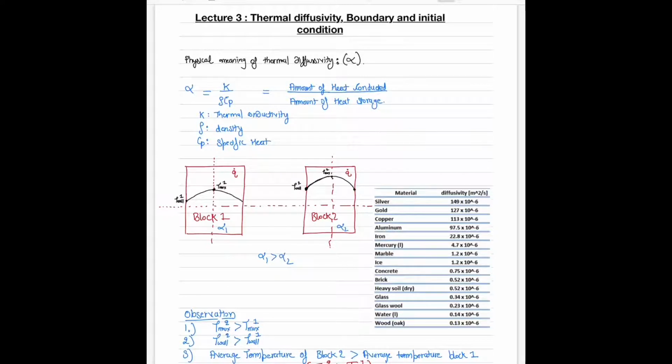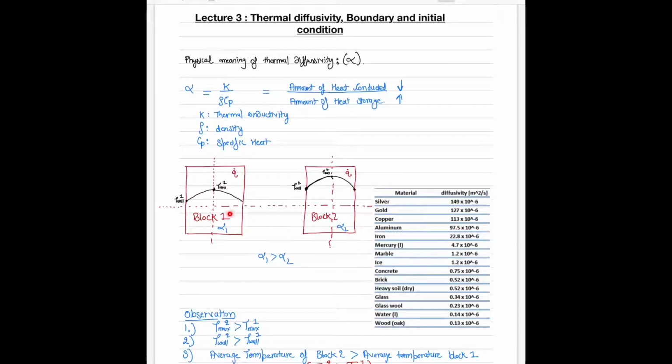If a material has a higher thermal diffusivity, the amount of heat conducted is higher compared to the amount of heat storage, whereas if the thermal diffusivity is lower, the amount of heat conducted will be lower and the amount of heat storage will be higher.